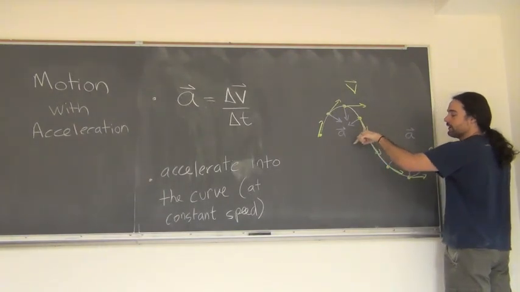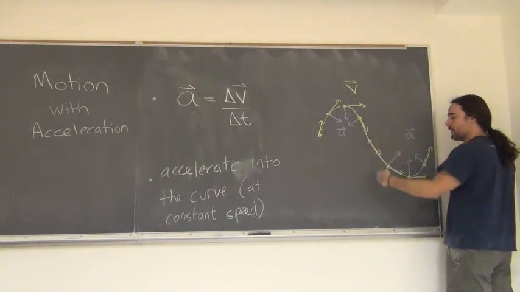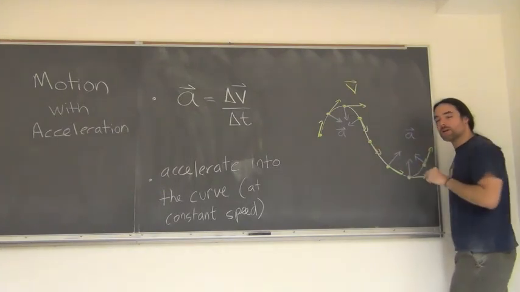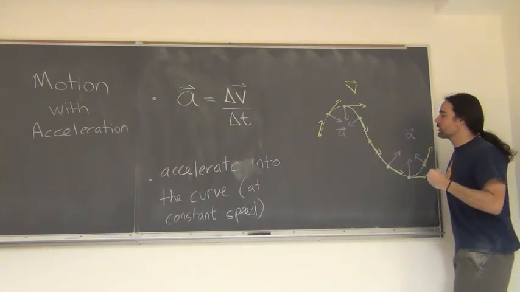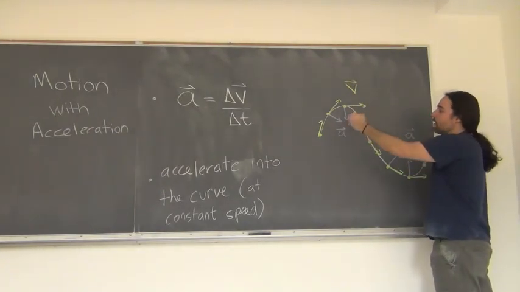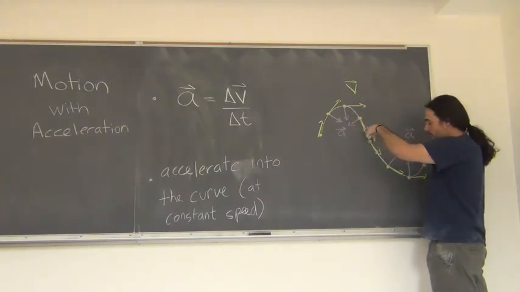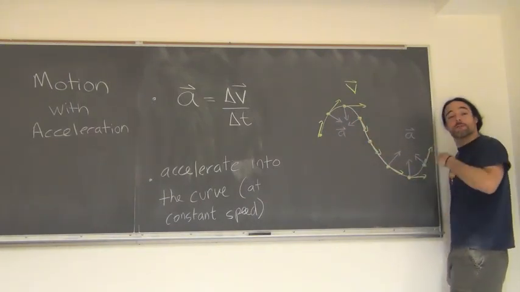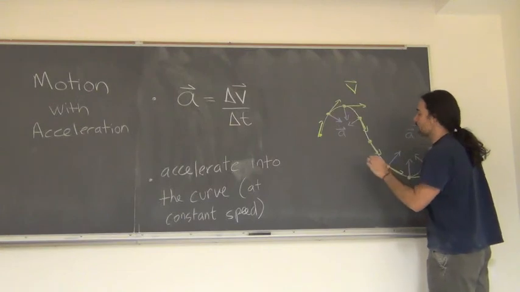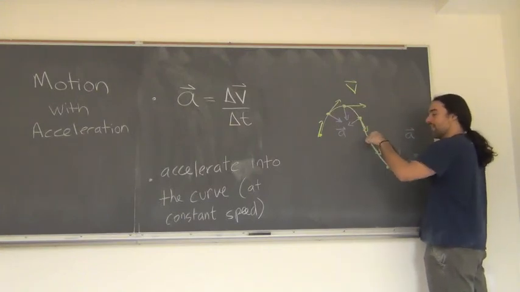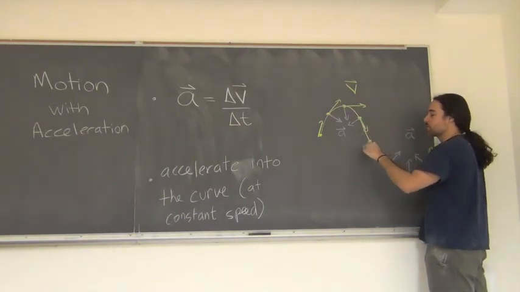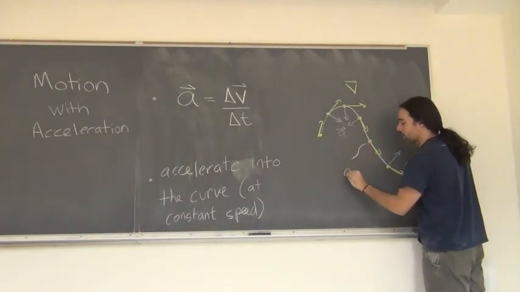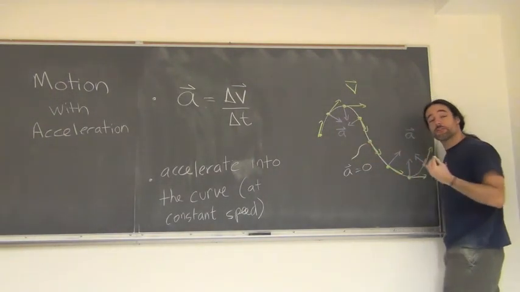Here my arrows are pointing in and down. Here they're pointing up. In the middle, it turns out there's not much acceleration because we're not really changing direction. Here the arrows were pointing more down. Over here they're starting to point more up, again because the curvature is changing. At this one point, it's not really changing very much, so we would say our acceleration was going to be 0.